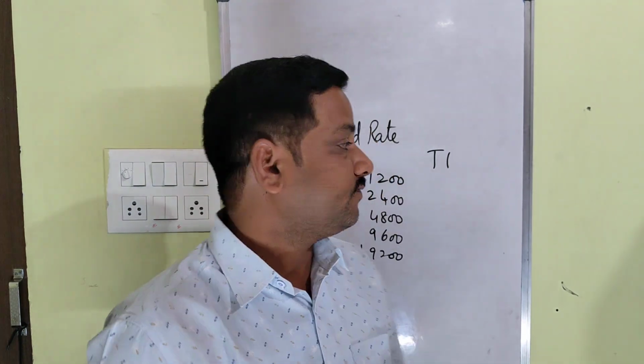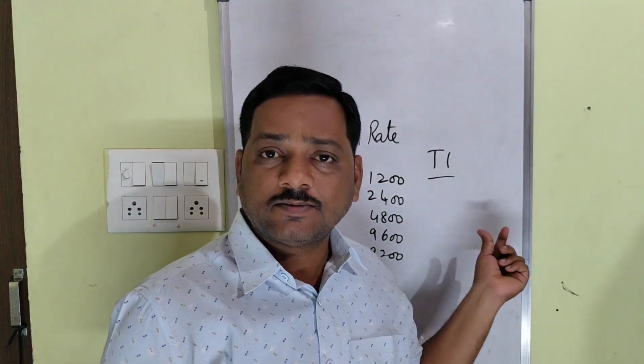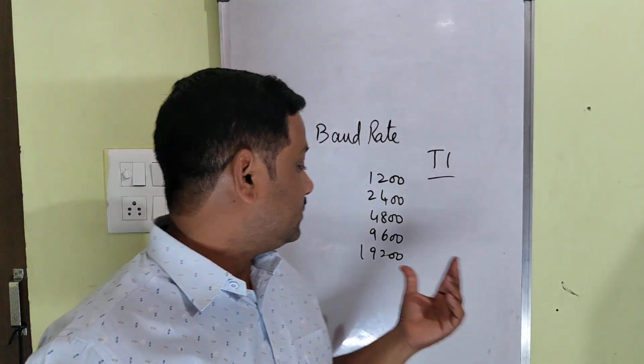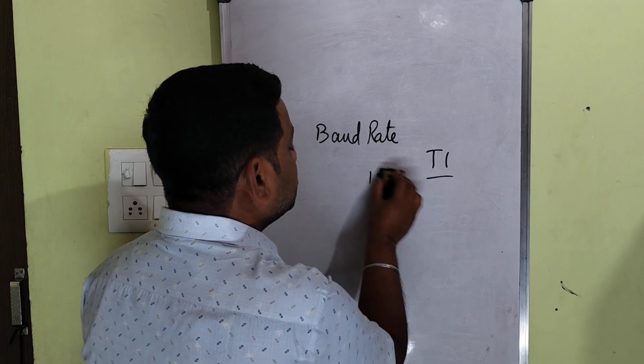We make use of timer 1 to decide what kind of baud rate we are going to use. Now let's see what has to be given into timer 1 so that we can select the baud rate. To understand that, let me draw one simple block which will be helpful.